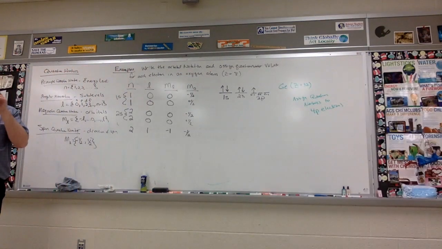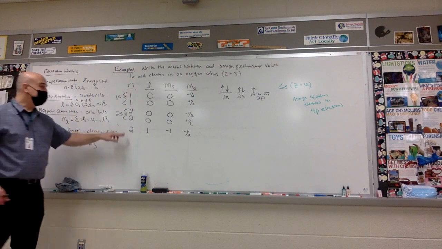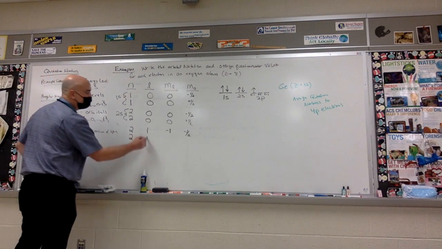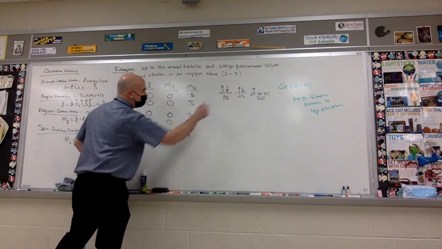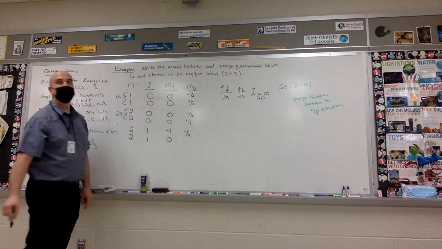But remember, Hund's rule said they're not going to pair up yet, right? Each orbital has to have an electron before they start pairing up. So the next electron, still in the P sublevel, is going to go into the next orbital.